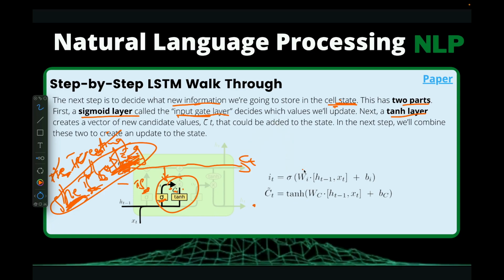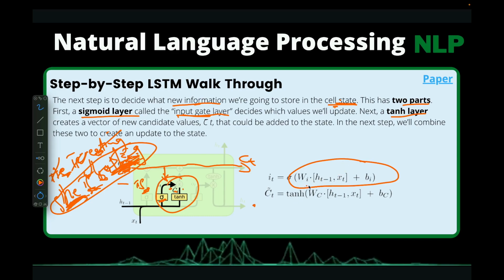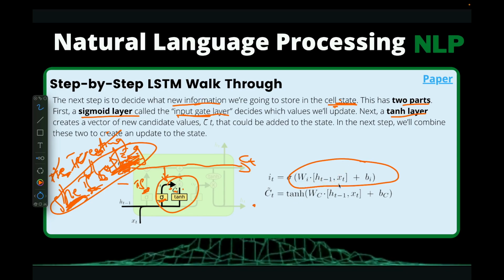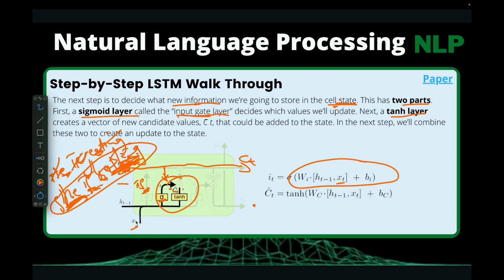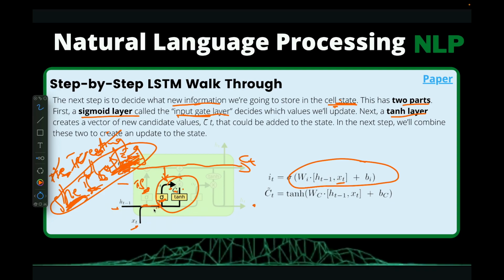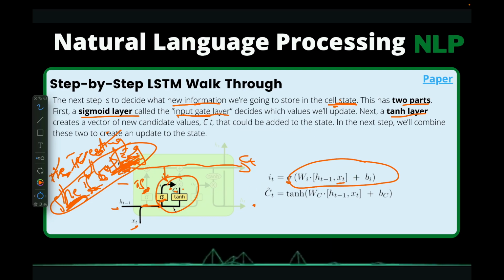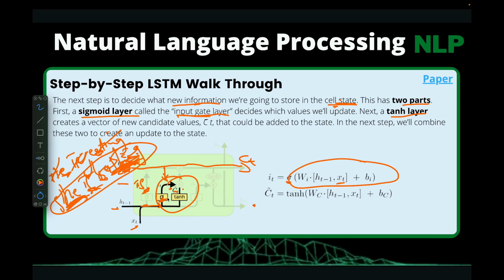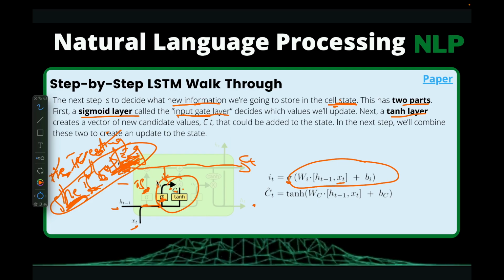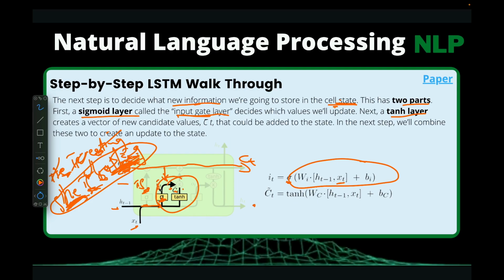All right, so if you see the equation over here, we have the first one that we talked about earlier on. We have the ht-1, that is the previous hidden state, with the xt, which is coming in. Then we apply the sigmoid on them, and we're going to have it as a result.